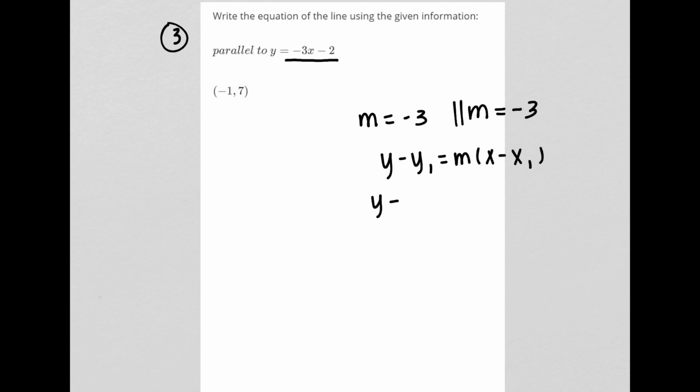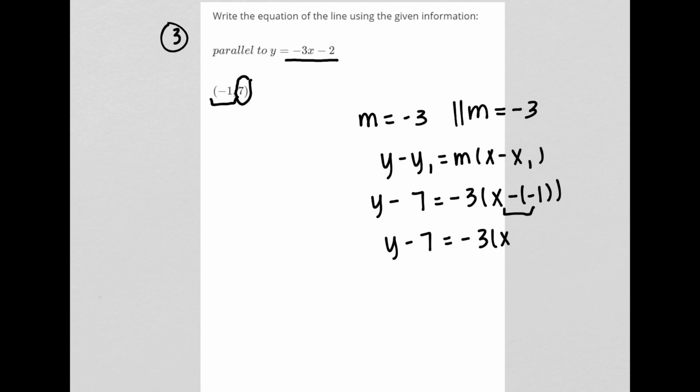Remember, we do y minus the y value of the point we're given, which is 7, is equal to m, which is negative 3, times x minus, and our x1 is actually negative 1, so it's minus a negative 1. We have one more step here because of this minus a negative. When you have minus a negative in anything, it just changes to positive. So now it's going to be x plus 1 in parentheses.